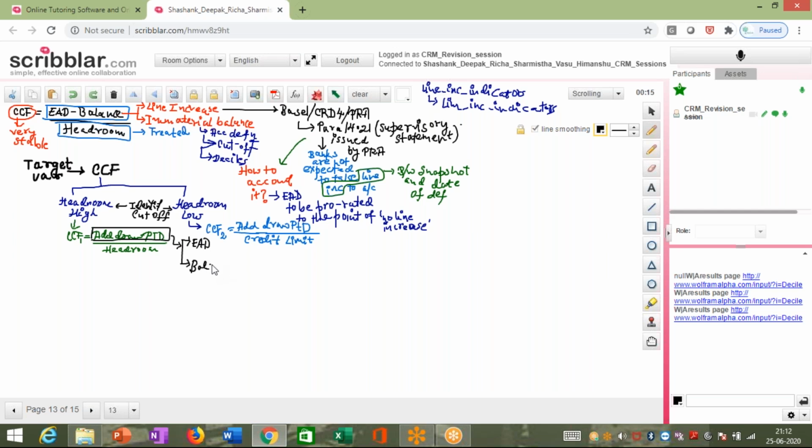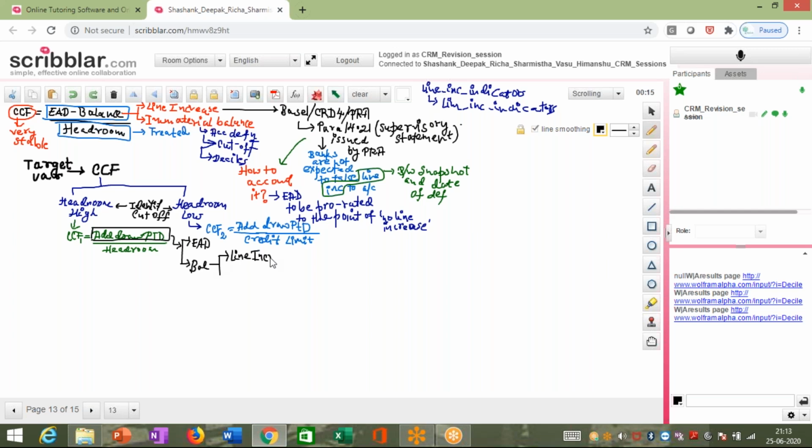So when I talk about this particular balance, there are two parts, as we had observed in the last discussion. Once we have a line increase, which needs to be taken care of, we need to identify whether there has been a line increase or not. And if there is a line increase, then that needs to be documented.